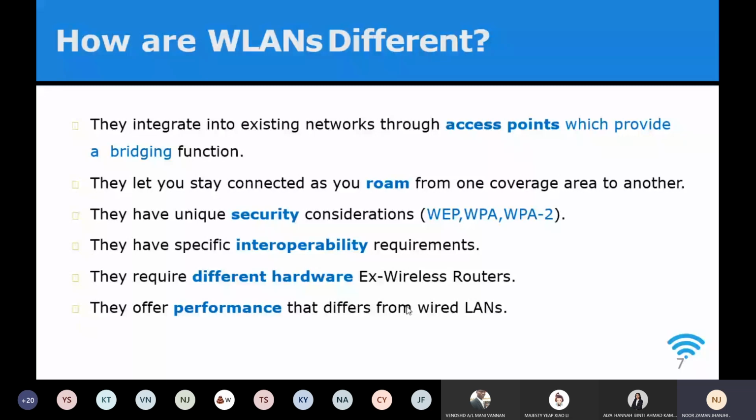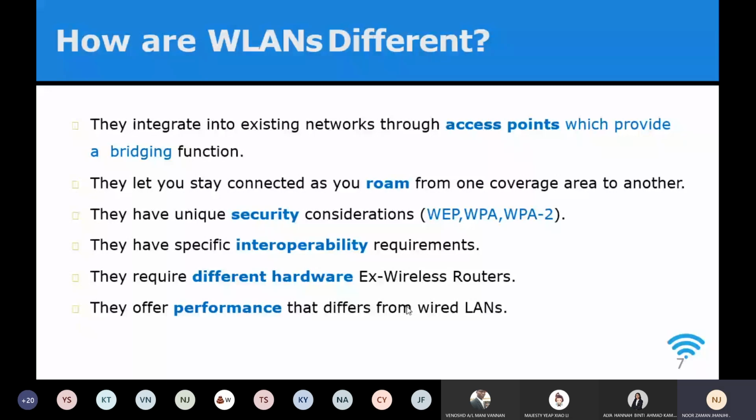So we can connect two different networks using the access points, and they also let you stay connected as you roam from one coverage area to another.